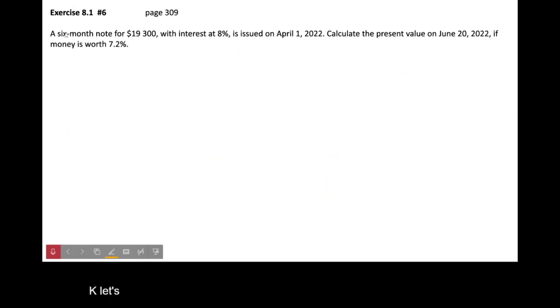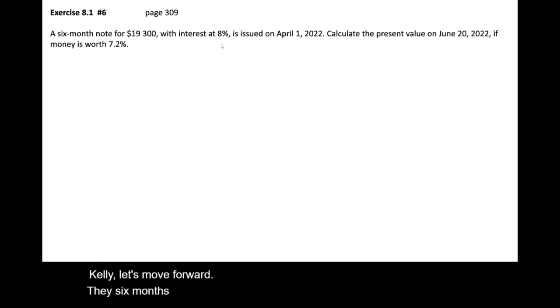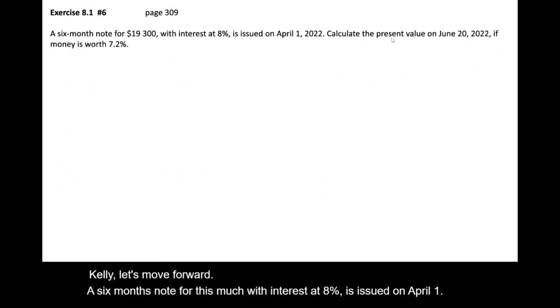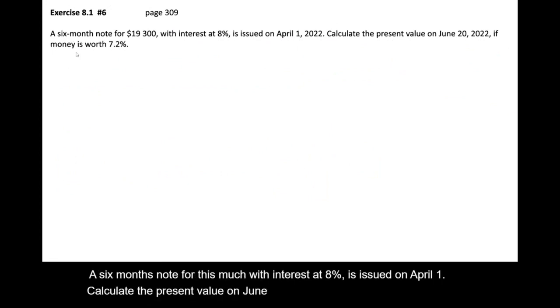Okay, let's move forward. A 6 month note for this much with interest at 8% is issued on April 1. Calculate the present value on June 20th if money is worth 7.2%. Okay, guys, 2 minutes. Do it.